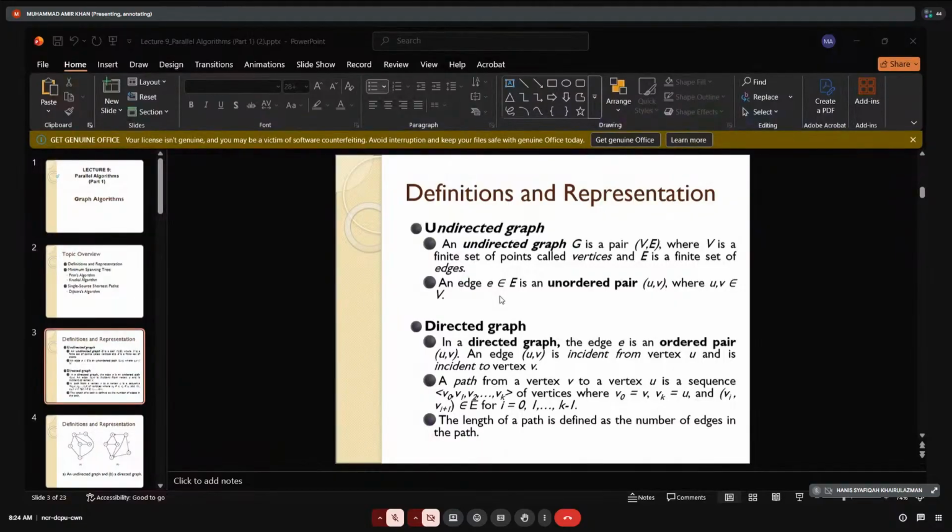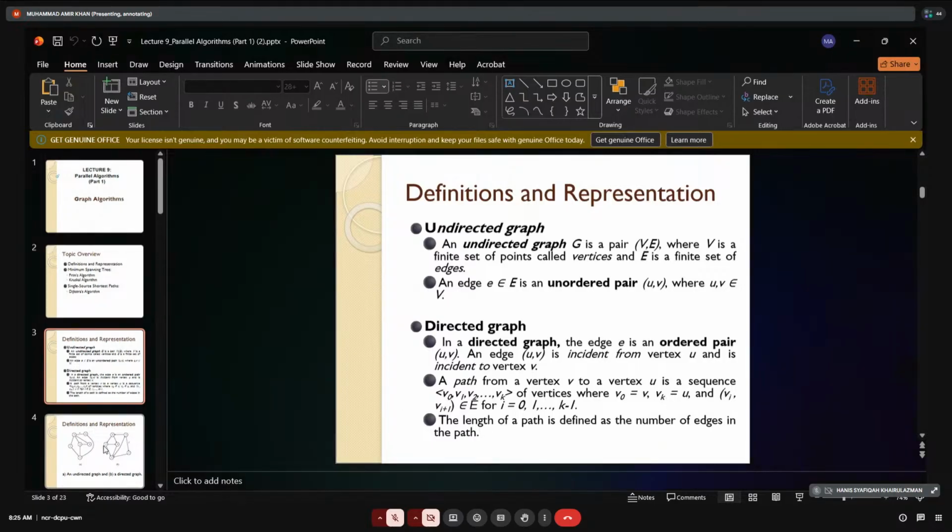A path from vertex v to vertex u is a sequence of vertices v0, v1, up to vk. We will see next what it means. The length of the path is defined as the number of edges in the path. When you see the representation, it will be very easy for you.